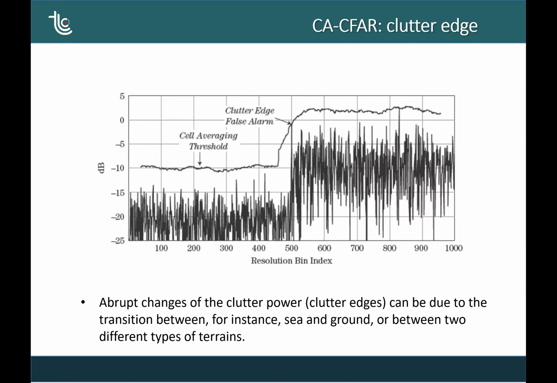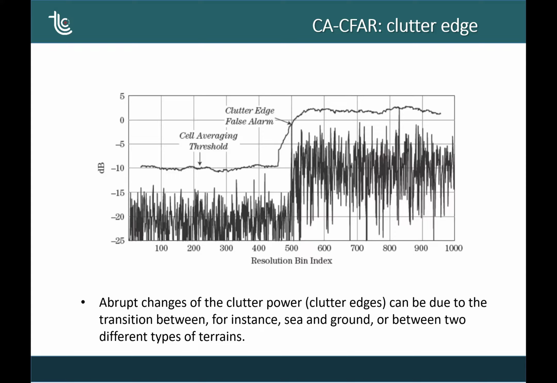And what happens in the resolution bins between, say, 500 and 520 or 530, is that you have a high noise power, but the threshold is still not that high because it is influenced by the previous area where the power is low.